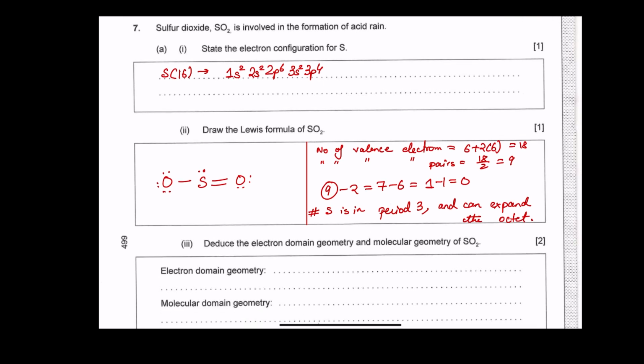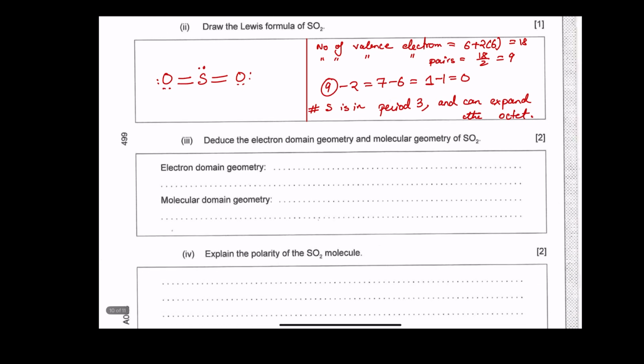So as sulfur can expand the octet, another oxygen will form a double bond with this sulfur. So this becomes the Lewis formula or Lewis structure of SO2.